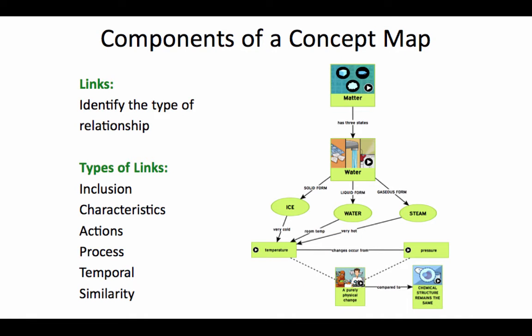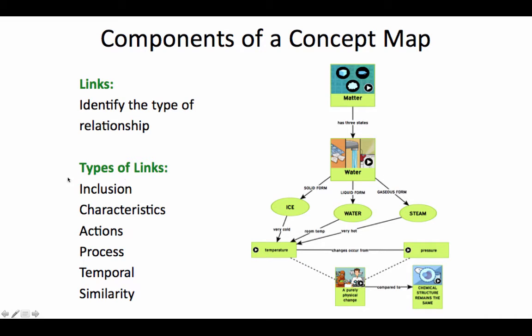So what is a concept map? A concept map is a diagram that shows a certain number of facts, ideas, concepts with connectors or links that show how they're all related to each other. These types of links can be a cause and effect relationship: the thing in the first bubble causes the thing in the second bubble.